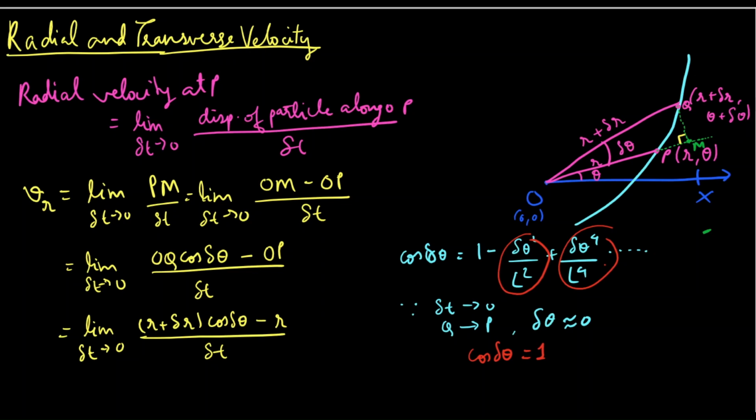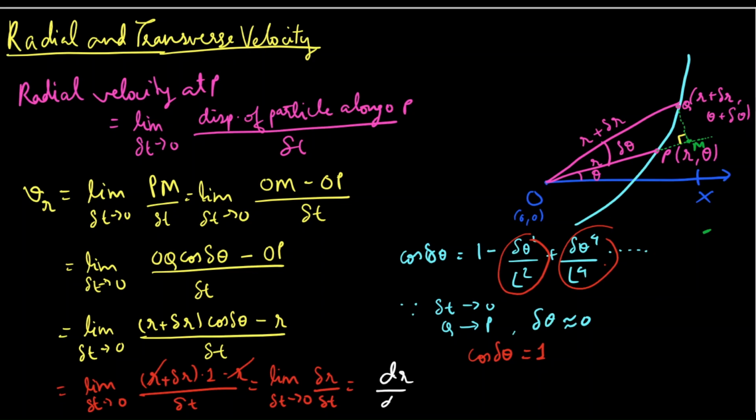So now we can write that Vr is equal to limit del t tends to 0 of r plus del r multiplied by 1 minus r over del t. The r's cancel out and we will be left with limit del t tends to 0 del r over del t, which can be written as dr over dt.